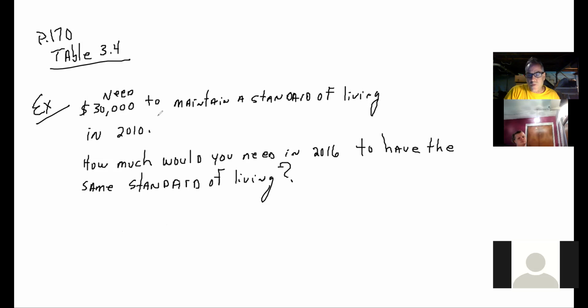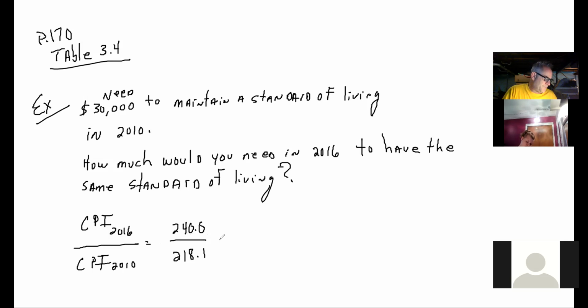So this would be my reference. The way I'll notate it is I put capital CPI, and then in the subscript, we put the year that the index number is for. So this would be the 2016, and we're going to divide that by the consumer price index in the year 2010. You would go to the table and pull out 240.0, and this was 218.1. Okay.